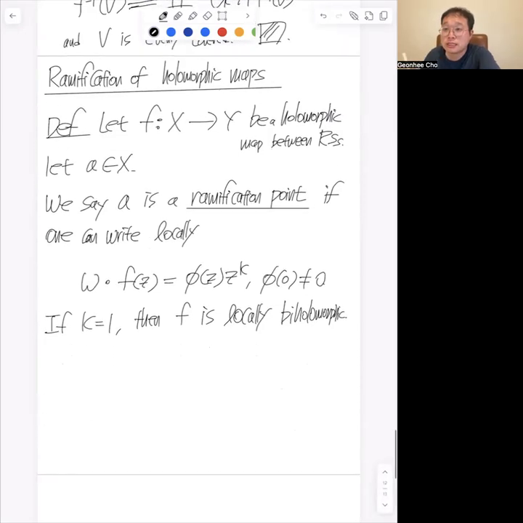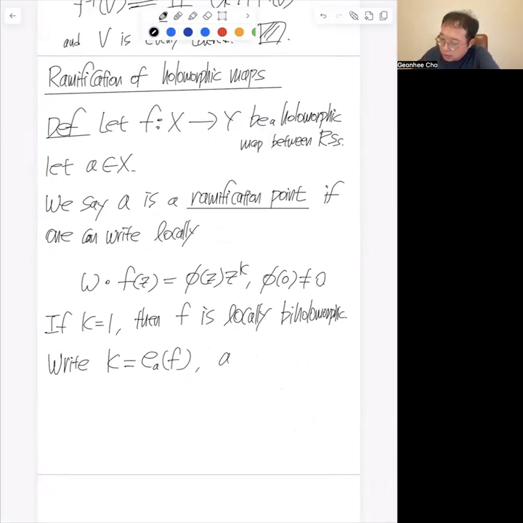Of course, if k is greater than 1, then this map is not locally injective. We write this k as the order, so k is the order at point a of this holomorphic function.